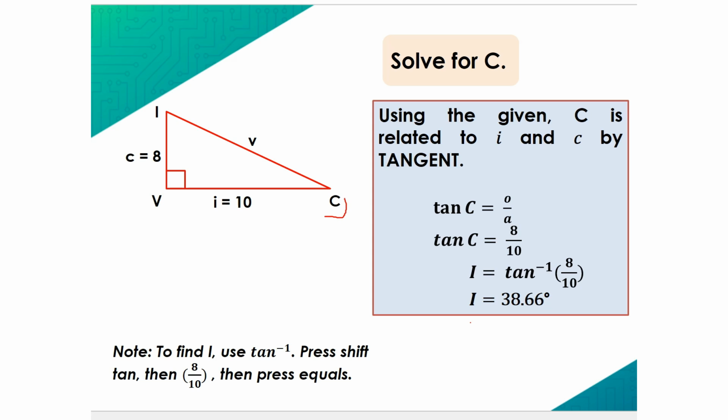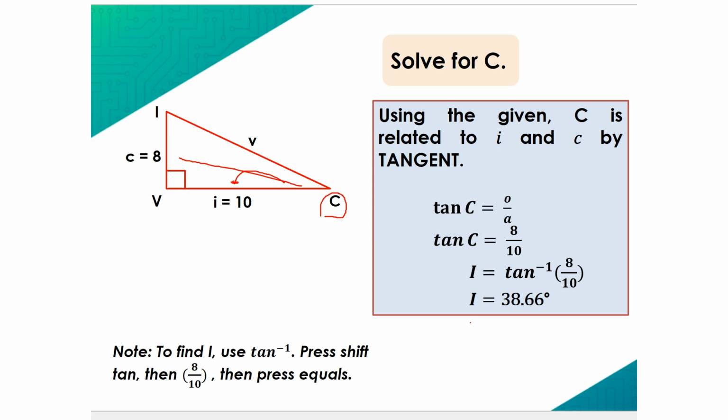This time we will solve for angle C. Tangent is used since the given sides are opposite and adjacent. We will write tangent C is equal to O over A. Substitute the opposite side with 8 and the adjacent side with 10.